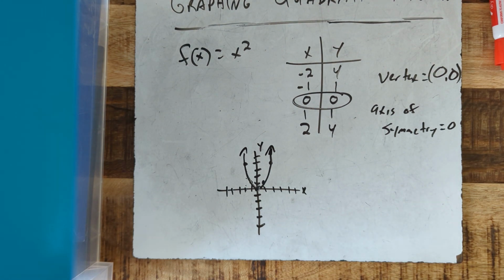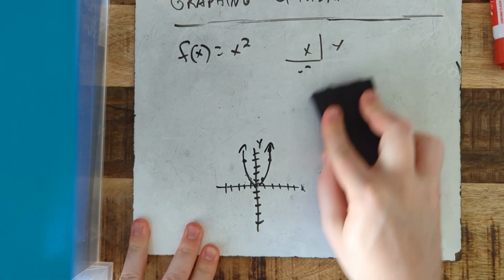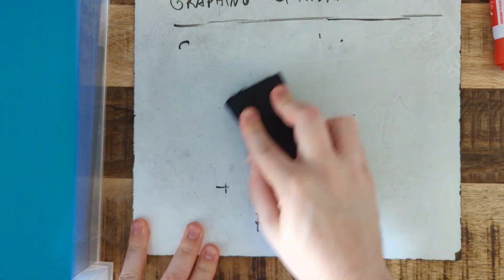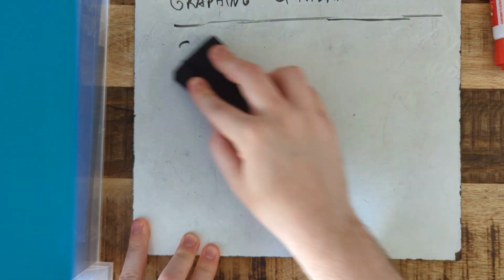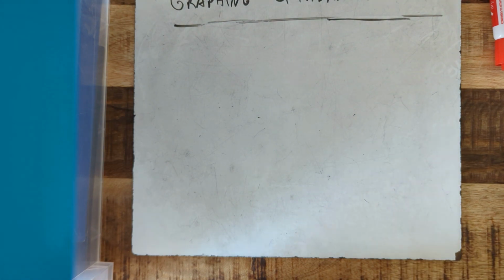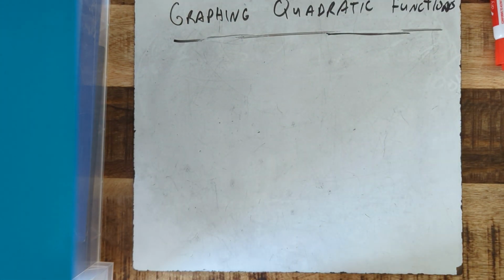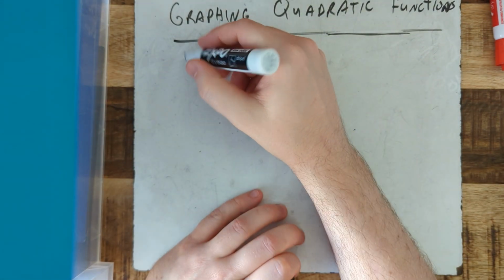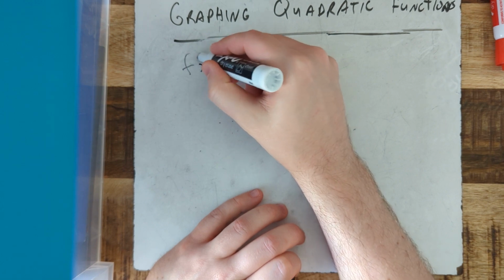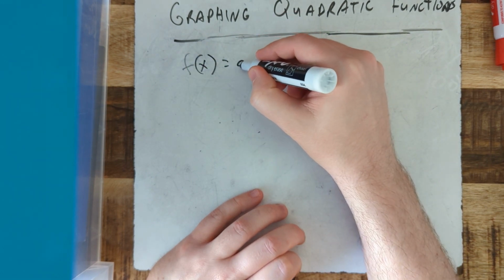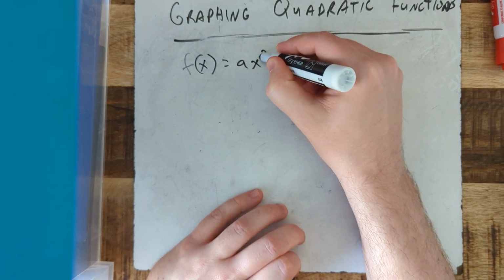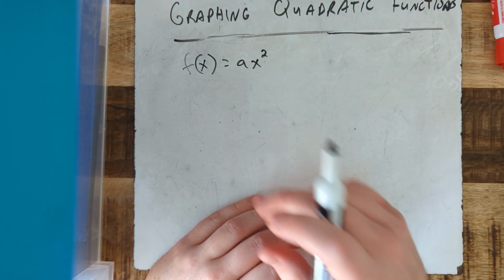So now let's add something else to it, and let's see how other graphs look when we add different elements to it. So we're still staying pretty basic here for this first lesson. So next thing we need to do is figure out what happens to a graph. We're going to ask ourselves, what happens to our graph if we add a number in front of our x squared? So now we're going to say ax squared.